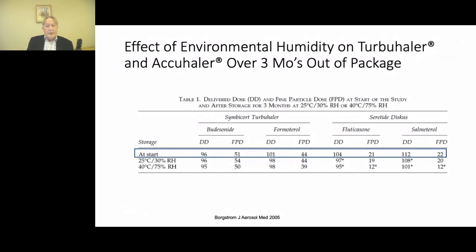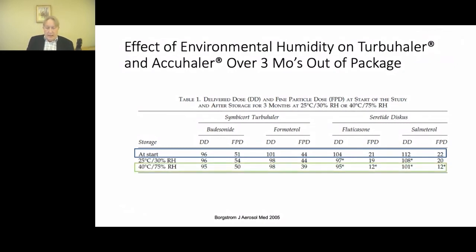At start, these drugs behave pretty much like you would expect. Then with normal storage over 3 months, they look pretty stable, although maybe a little bit of a drop in the fine particle dose for the Seretide Diskus.